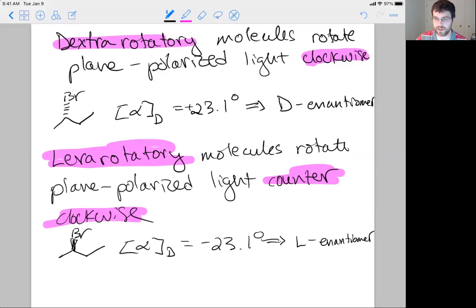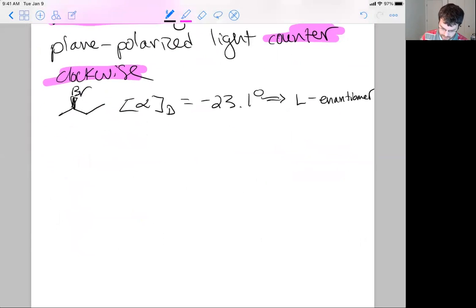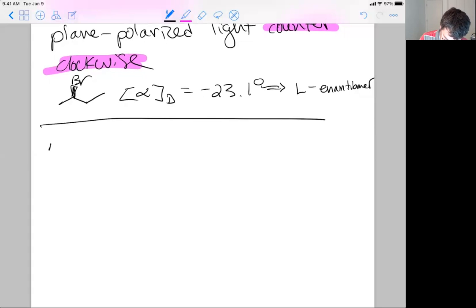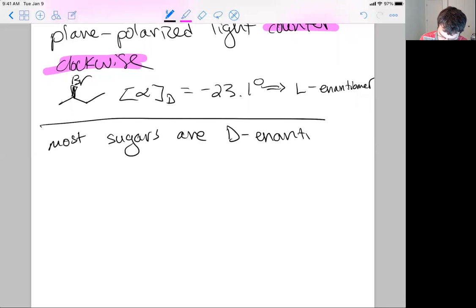Okay, so why do we need to know this? Most sugars are D enantiomers.